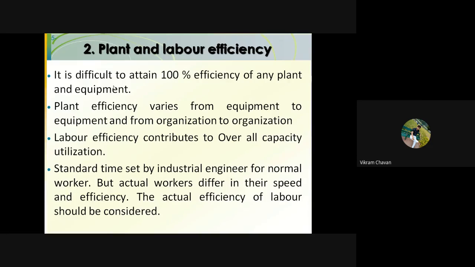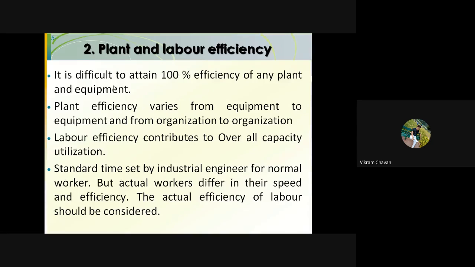Now, the standard time is established by the industrial engineer. In the next semester, you will have one subject, industrial engineering, and in that you will understand what is meant by standard time. In the standard time, all types of allowances are considered and the maximum time required to produce one product by a normal worker is calculated.